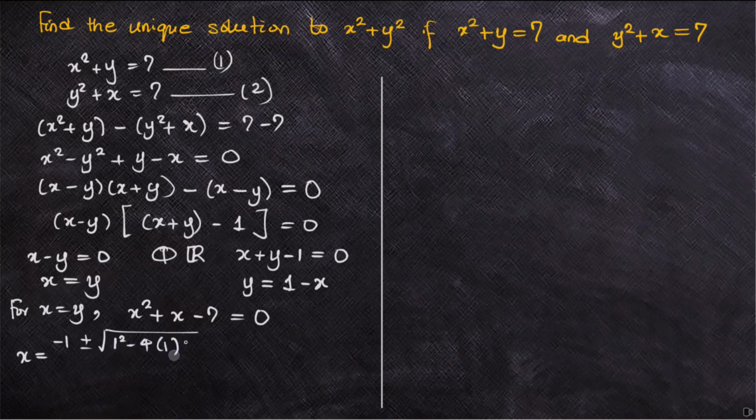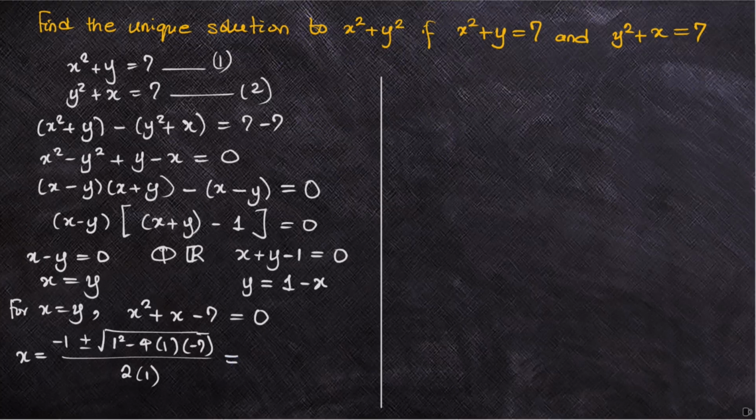A is 1, c is minus 7. Don't also forget your negative sign, over 2a, okay? And of course we say a is 1, so 2 times 1. So this will yield minus 1 plus or minus square root of minus 4 times minus 7 is 28. 1 plus 28 will be 29, over 2, and this is also equal to y.